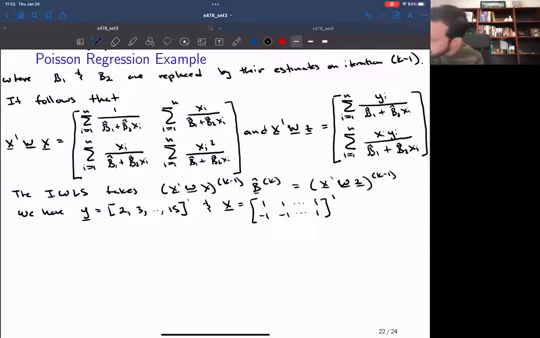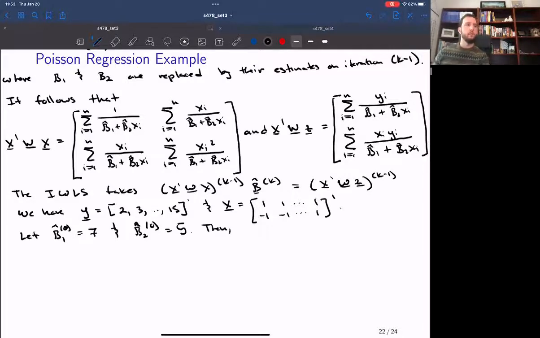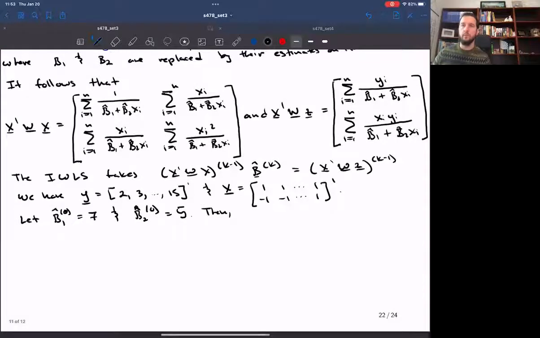Let beta 1 hat on iteration 0 equal 7 and beta 2 hat on iteration 0 equal 5. Given that, all we have to do now is plug those values in and sum across the expressions given in each of the different components of these matrices.